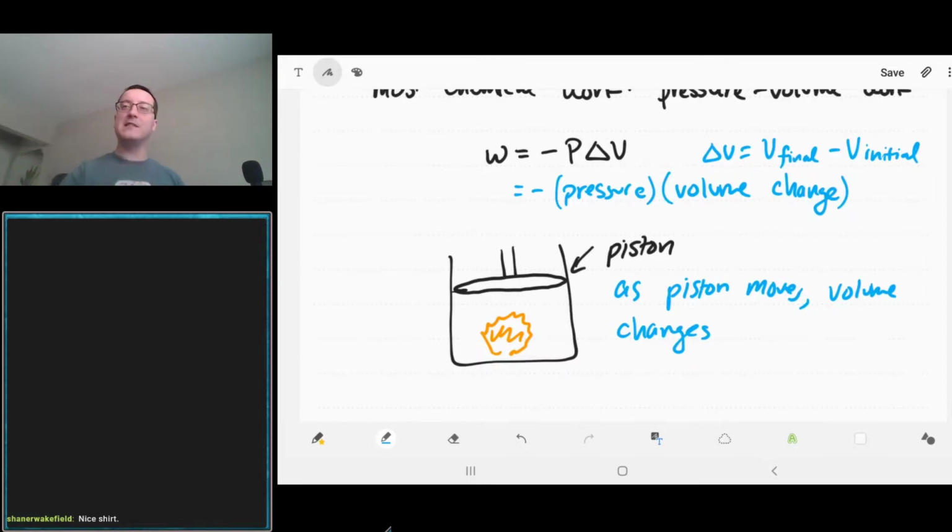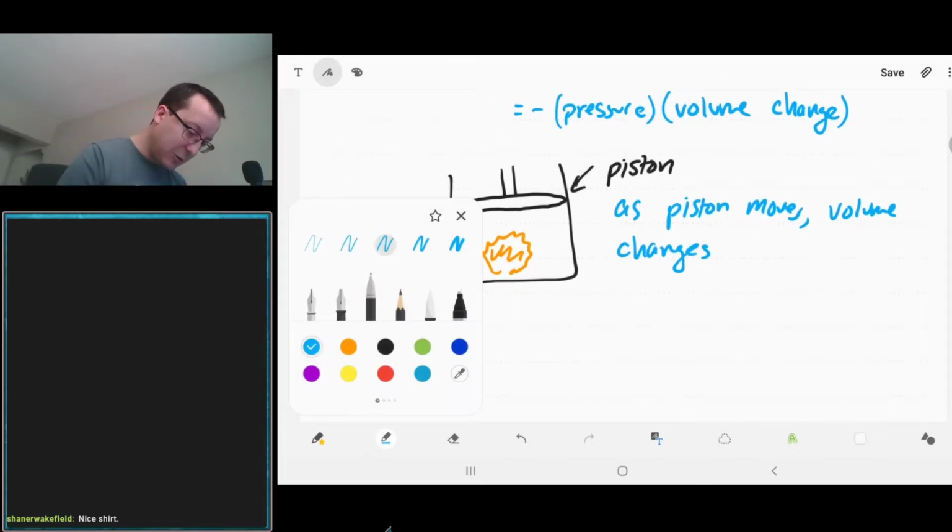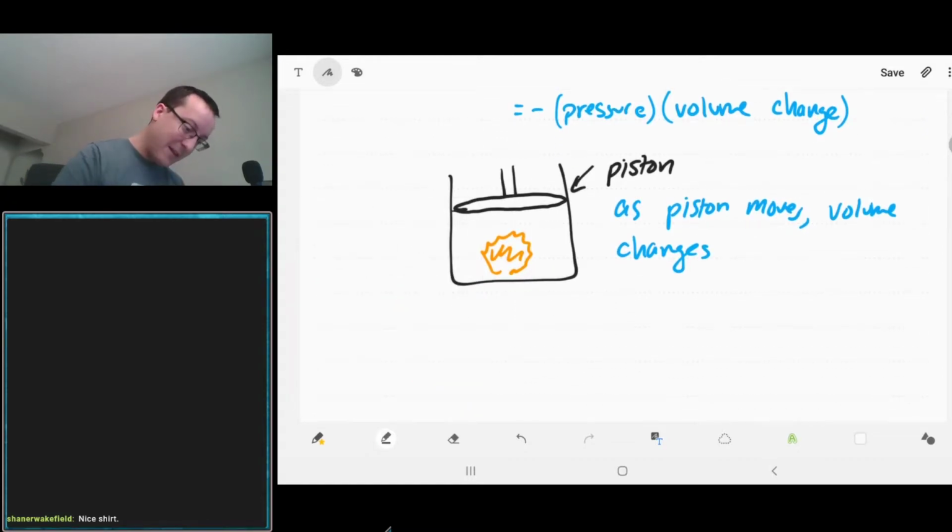If it moves the piston, that's going to change the volume. And for us, that's going to be work. We have done something. We've moved something, right? We know that work was a force moving something. So for us, that's going to be the product of pressure and the volume change. We can do a little example of that.